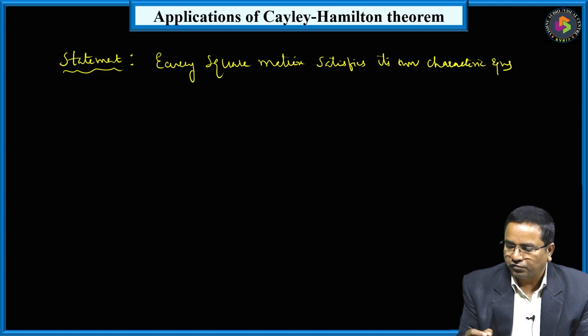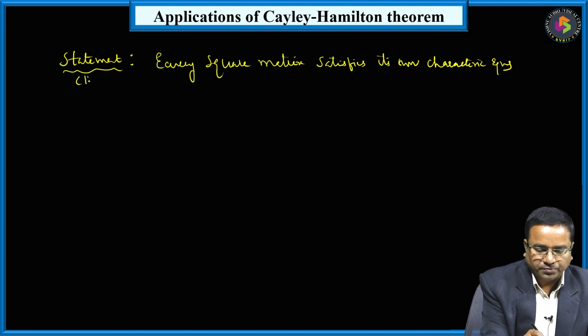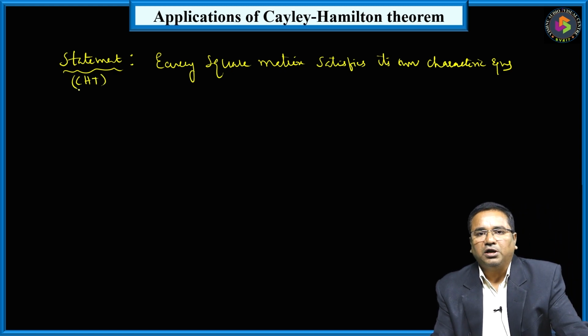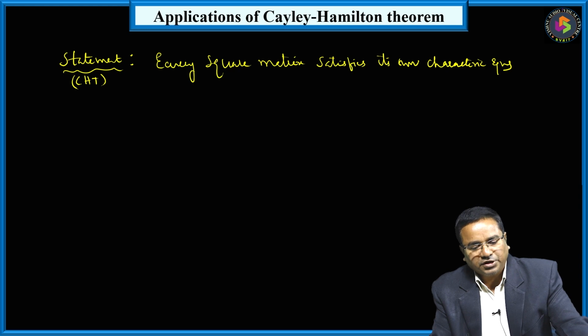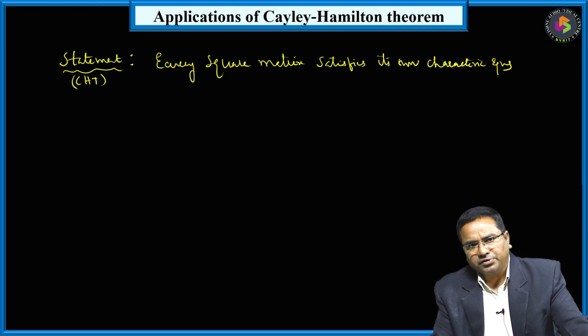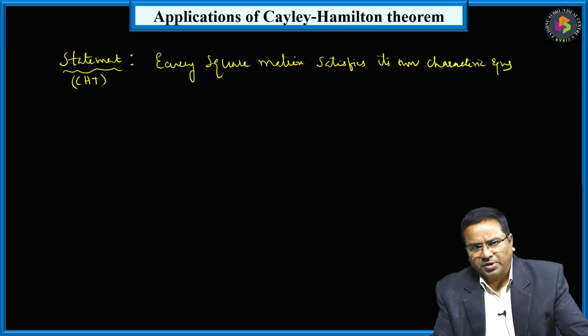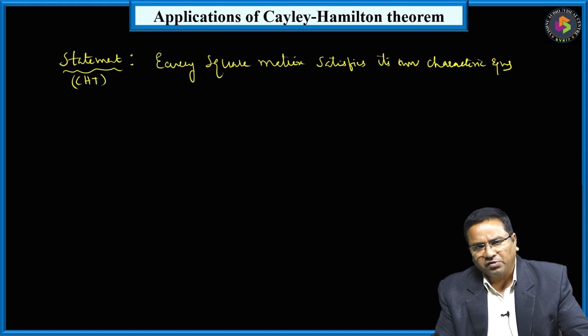Sometimes we use the short form CHT, the abbreviation. The statement is every square matrix satisfies its own characteristic equation. Suppose you take a 2 by 2 square matrix, the characteristic equation gives a second degree equation.